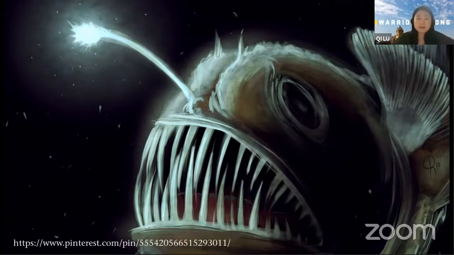It's quite like this lantern fish: the device, or channelrhodopsin, is linked with another part, usually a luciferase, an enzyme that can hydrolyze the luciferin and emit light.